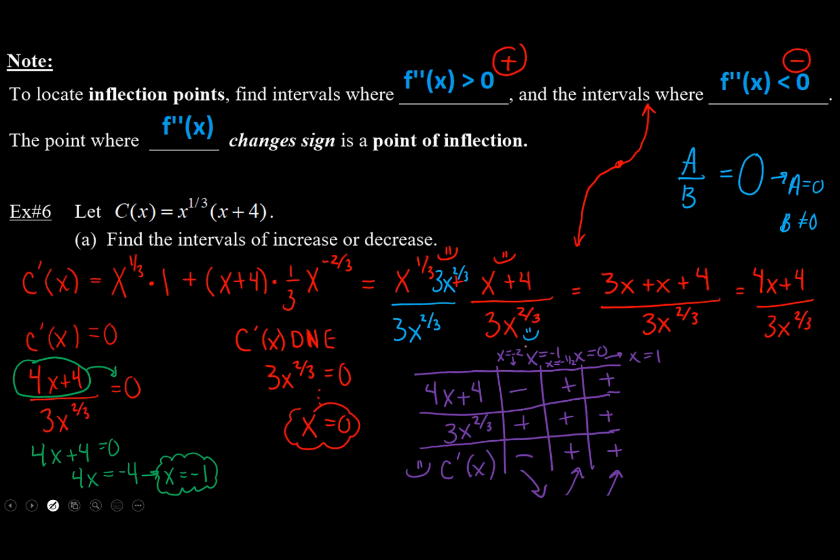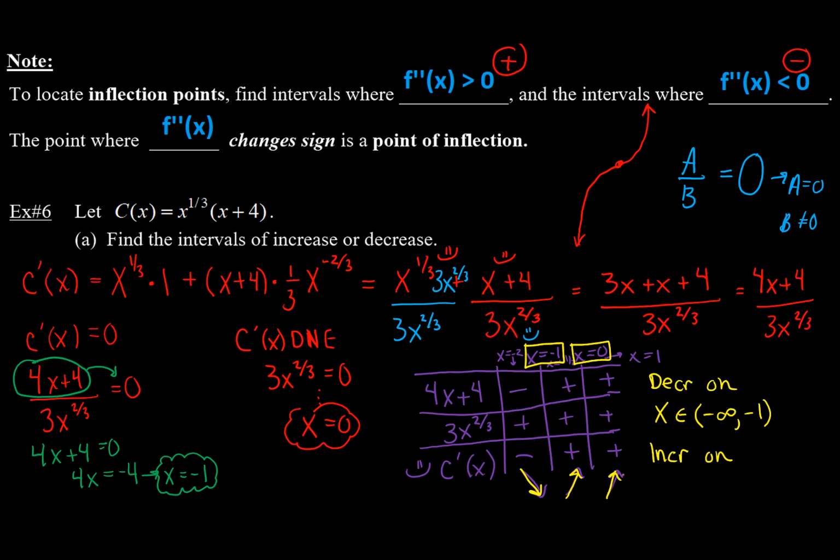All right, so let's draw some conclusions. Okay, so here are my critical numbers, -1 and 0. And until I get to -1, I am decreasing. So I am decreasing on the interval as x goes from -infinity to -1. And then I am increasing on these two intervals.